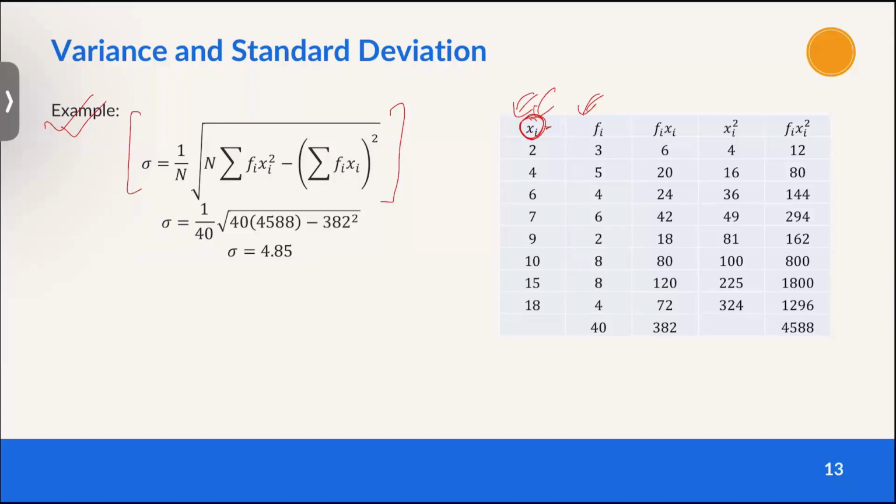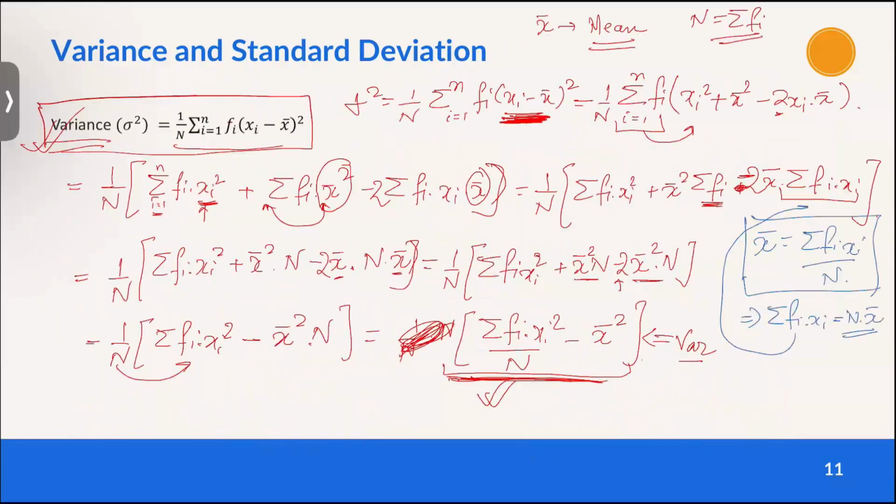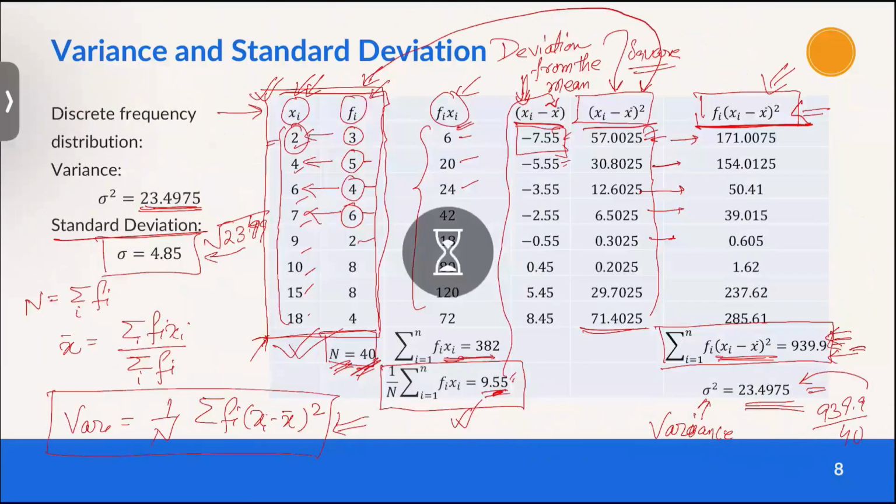This example is the same as what we did earlier. Why have I taken the same example? To show you that this table is very big. You have to calculate 57.0025 into 3 and this squared and so on.